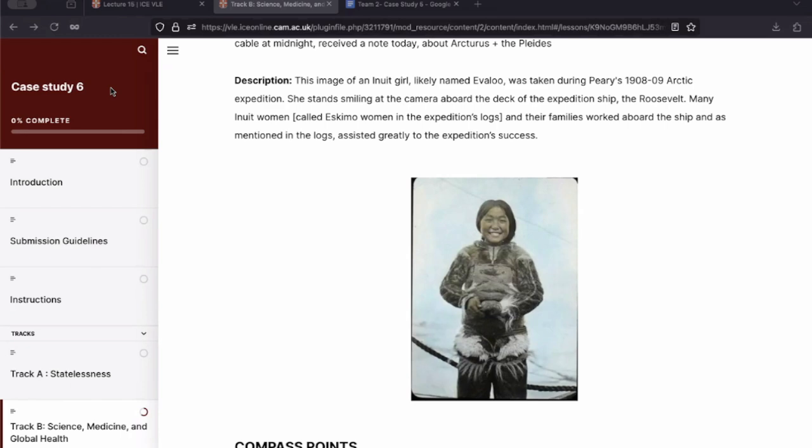When you're evaluating a source, I want you to also think about the medium that's being used. Don't just take the source at face value. So this is a photograph. Cameras were a pretty new technology at the time. Odds are she's never seen a camera before. She may have, but cameras are not available to everyone.